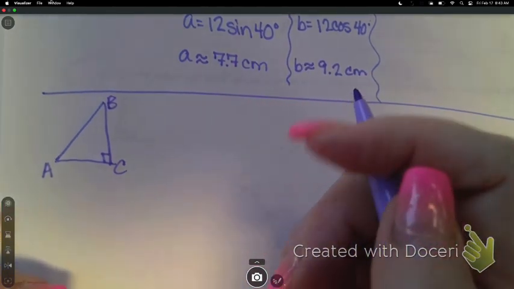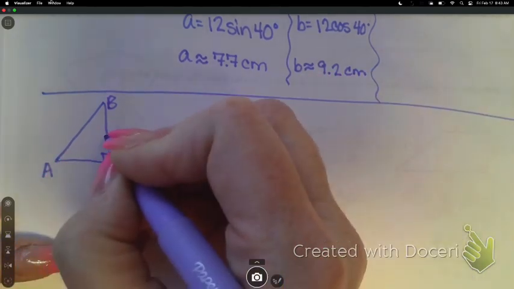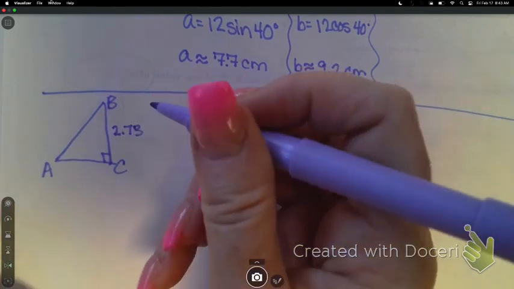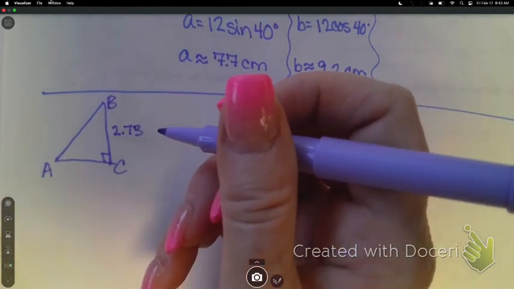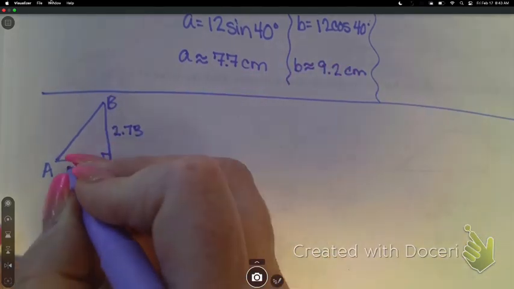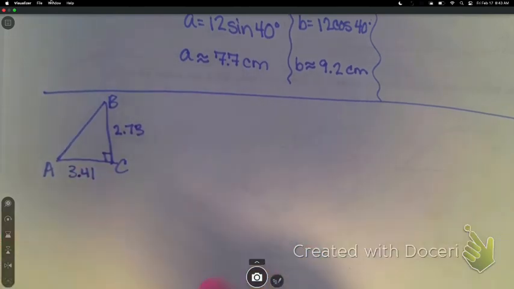Triangle ABC, side A is 2.73, so that goes across from angle A. There are no units on this one. Side B is 3.41. That's really hard to say because I want to make it what? What do you think I want to make 3.41? Okay. Find everything else.